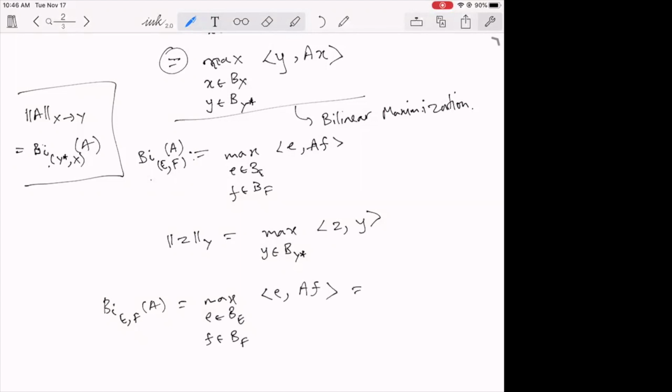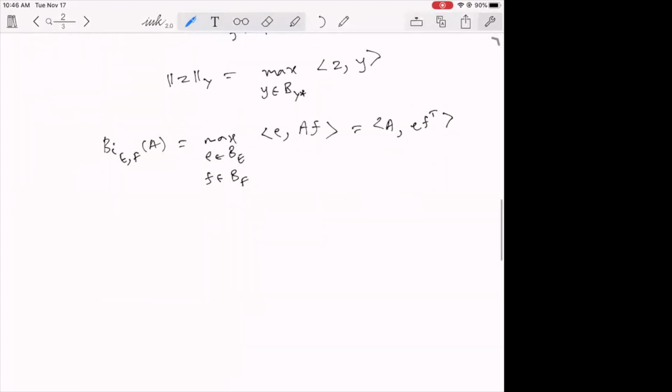This inner product can just be written as a matrix inner product, the Frobenius inner product of two matrices entry-wise. So A inner product E F transposed. I didn't do anything there.